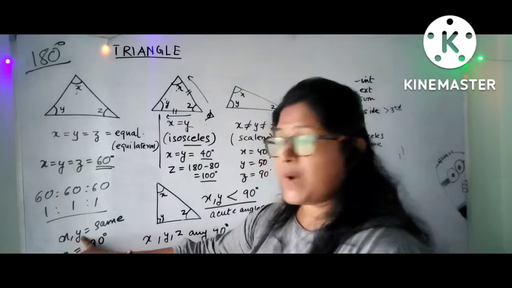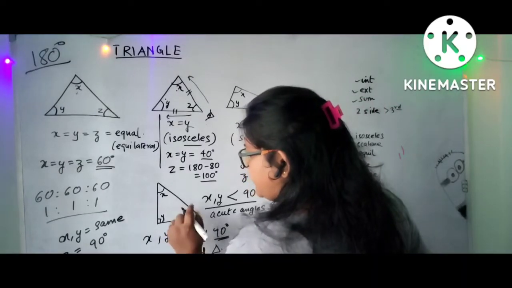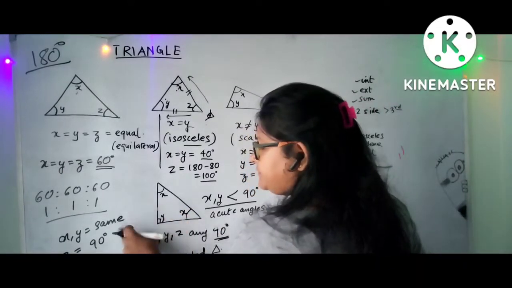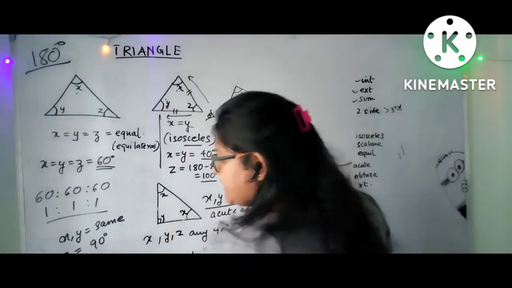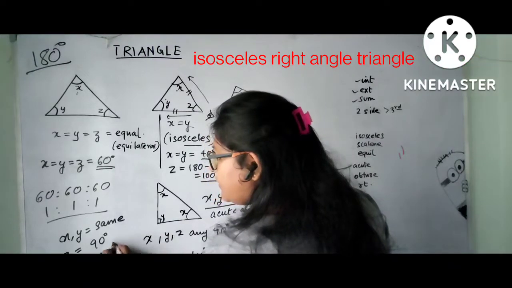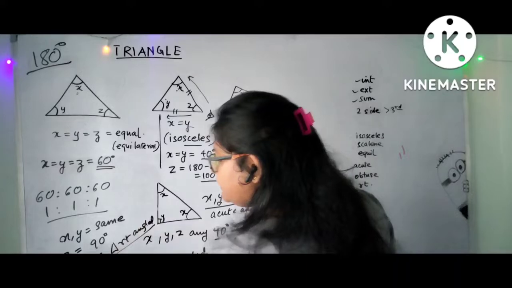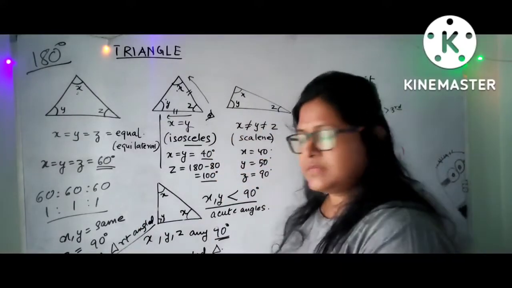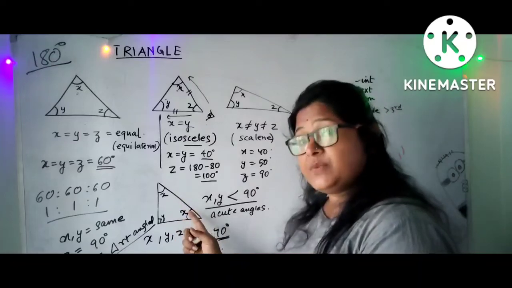But if my x and y are the same, obviously this will also become x in this particular case. So x and x the same means I will say it is an isosceles right angled triangle. Alright? Isosceles right angled triangle. These two are considered to be the same.